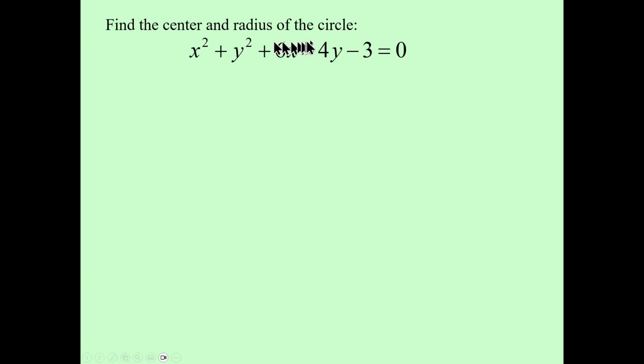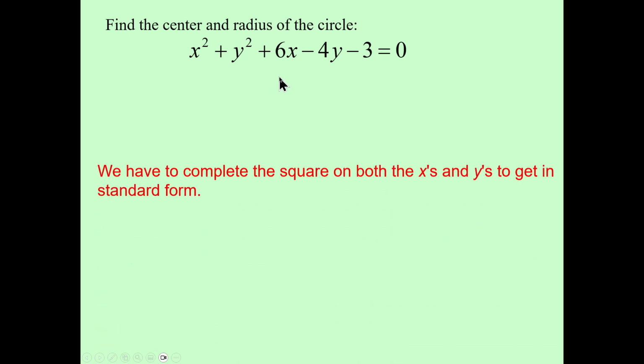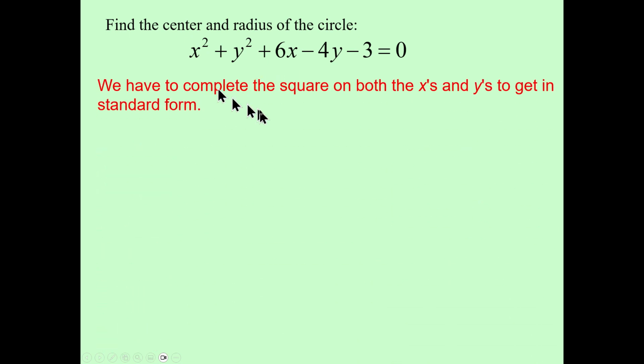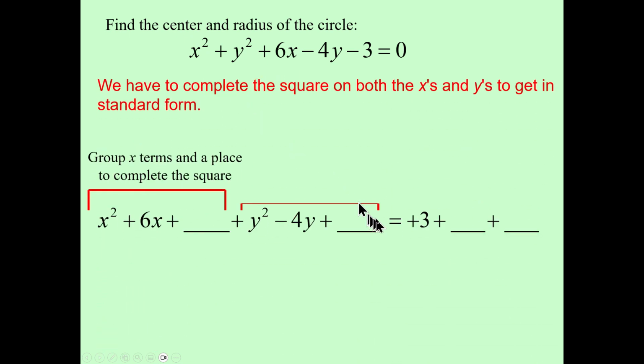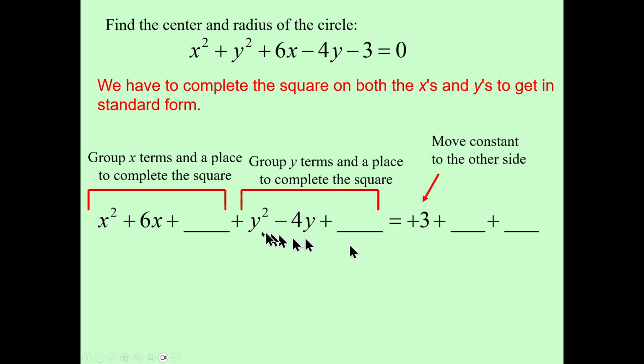Find the center and radius of the circle. Okay, so in this case it's already multiplied out. So we have to group our x and y terms here. I moved the 3 to the other side, and I got my x and y terms together.